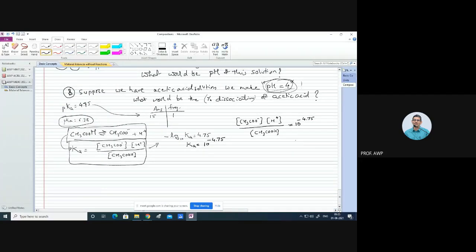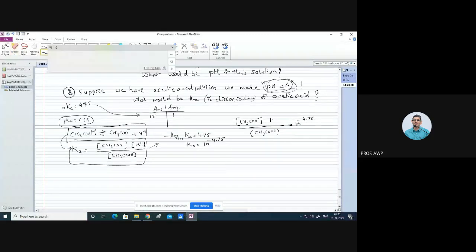All right. Now what are we given? We are given that this solution has a pH equal to 4. If pH is 4, that means H plus ion concentration would be 10 raised to minus 4. Suppose we start with 1 mole of acetic acid in the solution.